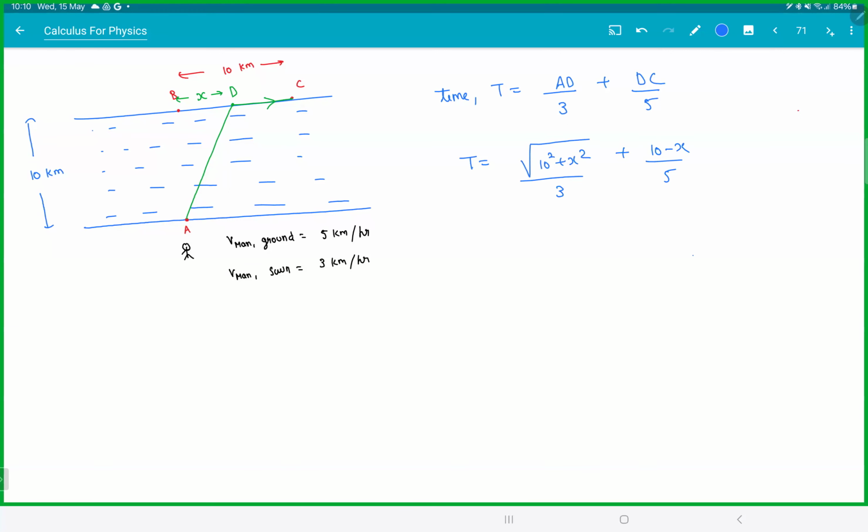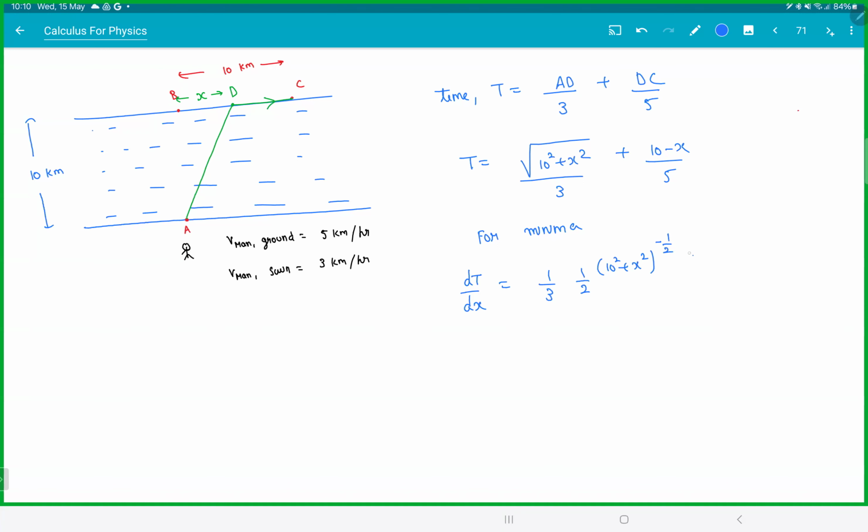There, did you get the equation? You got the time as a function of x. For different values of x, you get different paths. So we need to minimize this function. For minima, dT by dx is equal to 0. Differentiate this, how much you get? 1 by 3 into something to the power of half, so half into 10 square plus x square whole power half minus 1, so minus half.